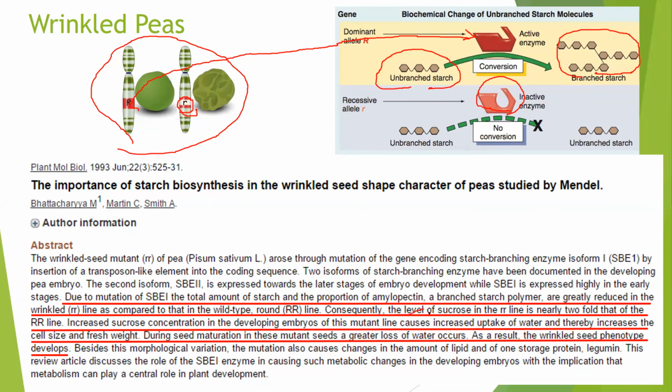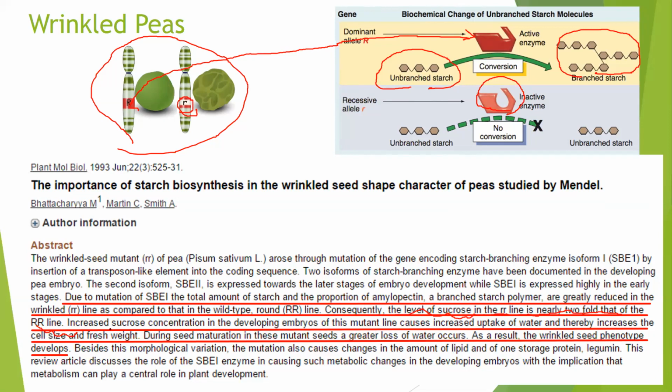The level of the sucrose in this line is nearly twofold that of the wild type line. So in the mutant plant, there's a significantly increased sucrose concentration, and you learned chemistry and physics, right?